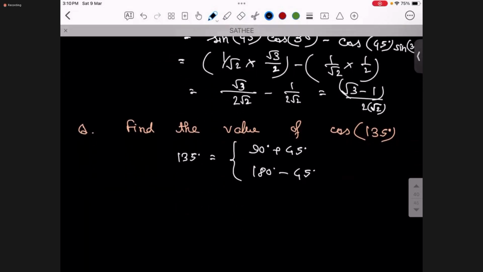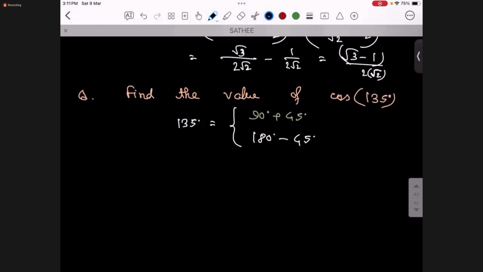Okay. Now just use this here. You can use the other one also and try to get the answer, but here just use this expression and then we will proceed. So let us do cos 135 degree. This is equal to cos of 90 degree plus 45 degree.